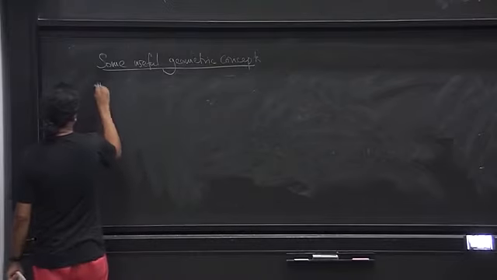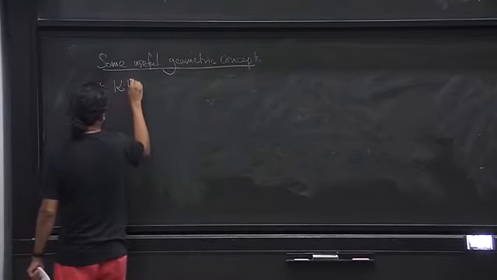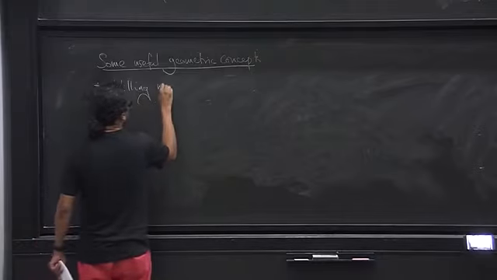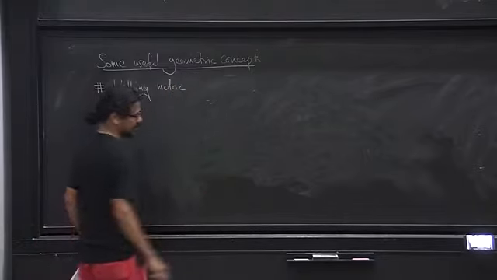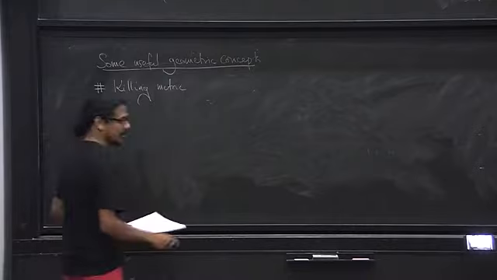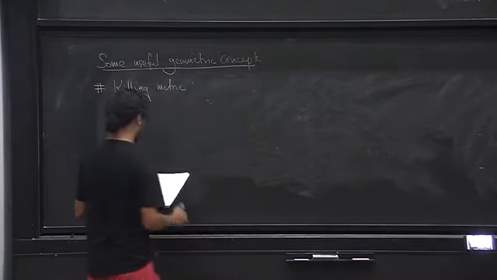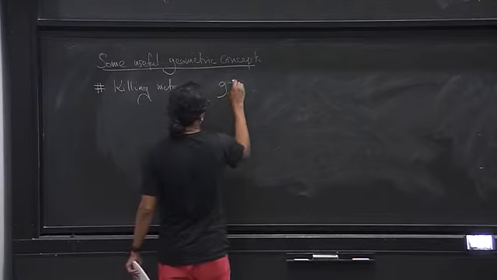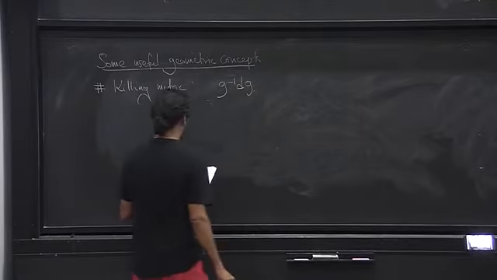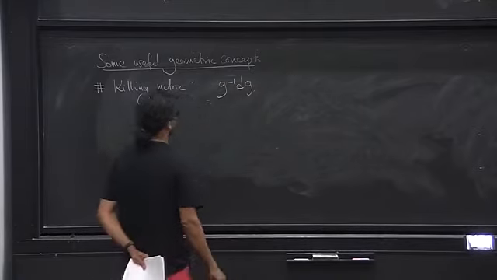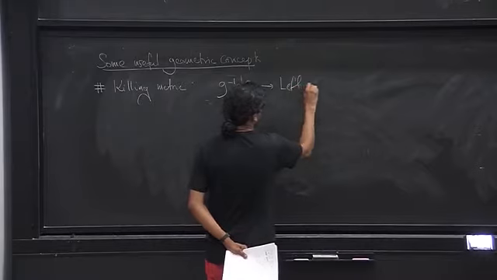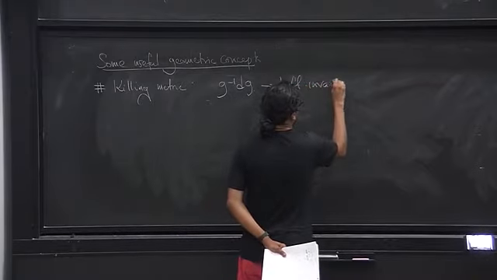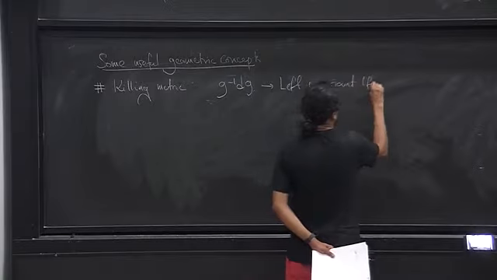You can define a natural metric called the Killing metric on a Lie group. To define it, we first define what a left invariant one form is: G inverse dG.